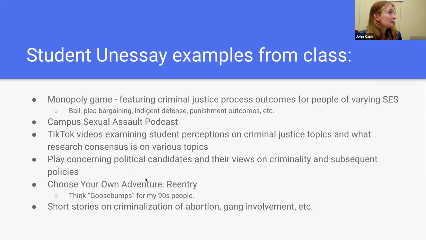Some of the examples of the Unessay that my students created: we had a Monopoly game which featured criminal justice process outcomes for people of varying socioeconomic status. The students actually got up to play the game. Certain students were given lower socioeconomic statuses, so they started out with different amounts of money and different abilities to purchase property and to gain wealth in the game.